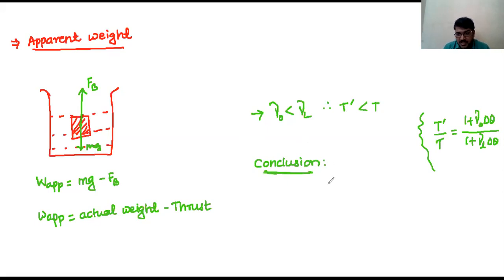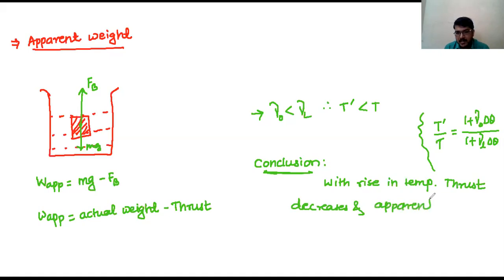With rise in temperature, thrust decreases and apparent weight of body increases.